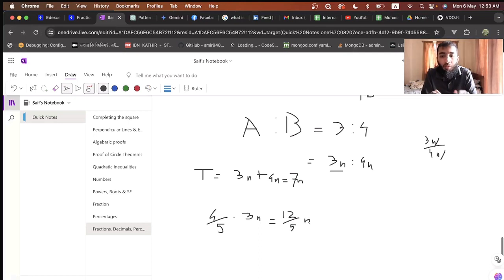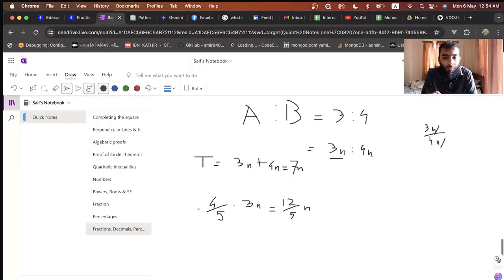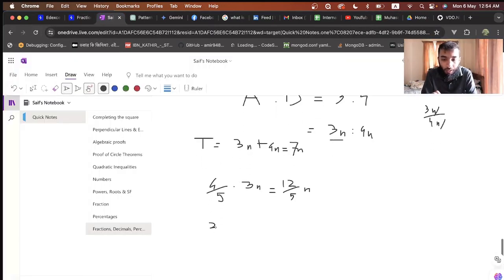And 24% of team B work full time. 24% means 24 by 100, of team B. Team B is 4n.